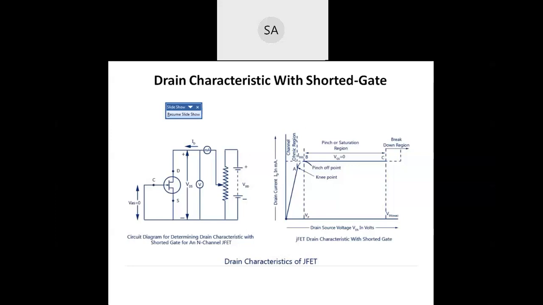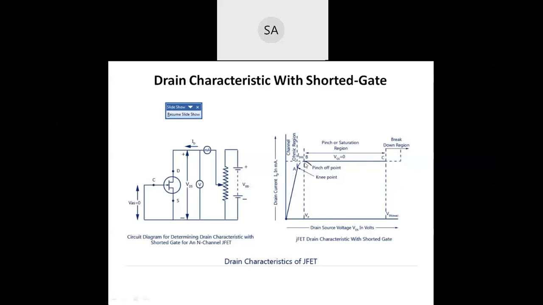Entirely it will be the diffusion region, so the width of the channel decreases. There will be no movement of charge carriers, then there will be no flow of current. That means the current is constant after the B point, after the maximum point of voltage. After this point of voltage, the current will be entirely constant. That is B to C, that is constant.